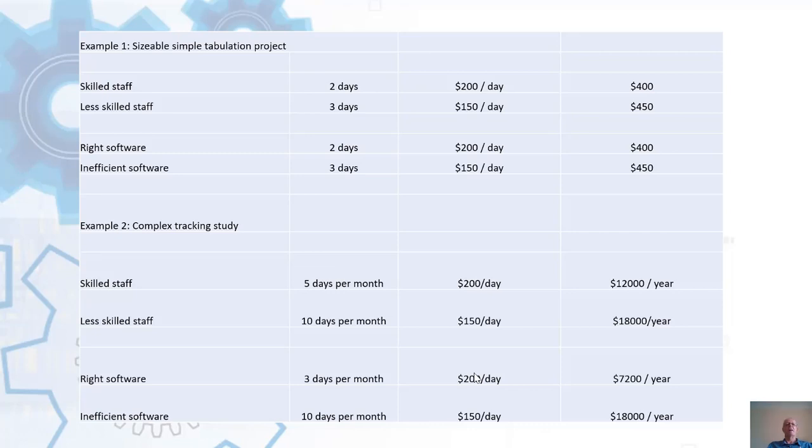If we look at a sizable simple tabulation project, so let's say we've got a survey of 5,000 people, the number of respondents doesn't tend to matter much to people doing tabulations, but let's say although it's a 5,000 sample and it's a long questionnaire, let's say it's an hour-long questionnaire, it might not matter if the tables are simple, whether someone's skilled or less skilled does it.